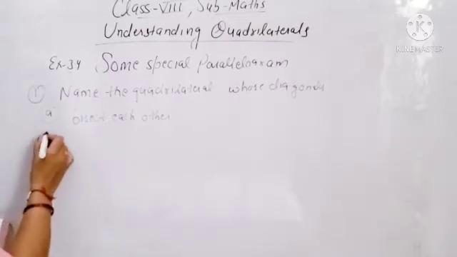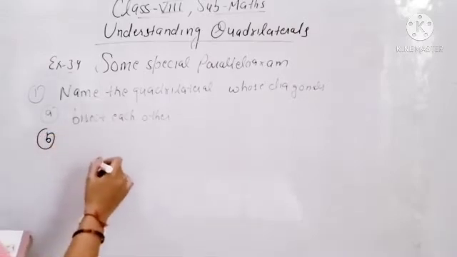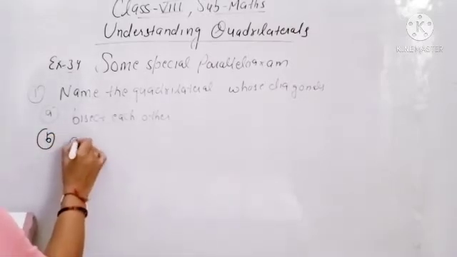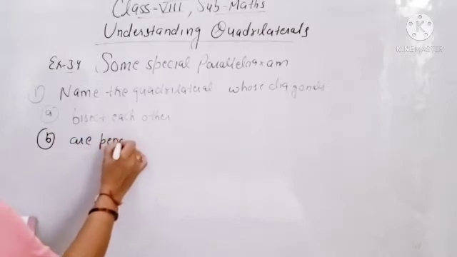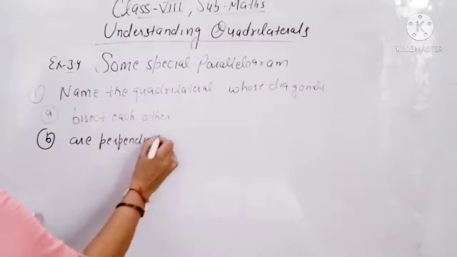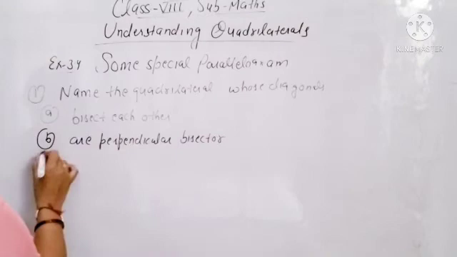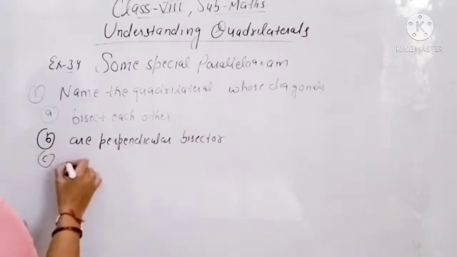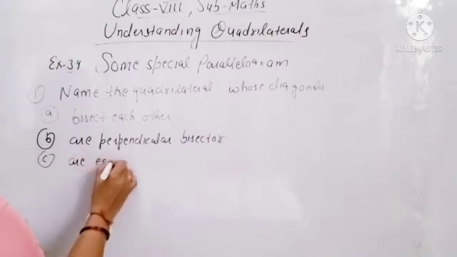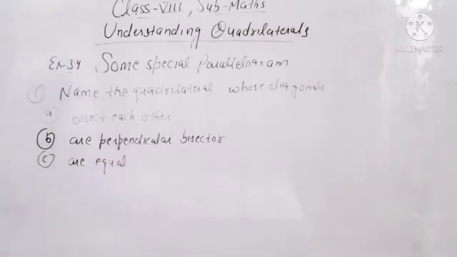Second one: are perpendicular bisector. And C part: are equal. Clear? Are equal. So next question beta.